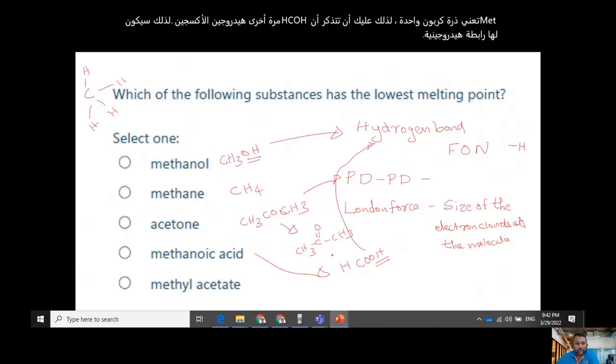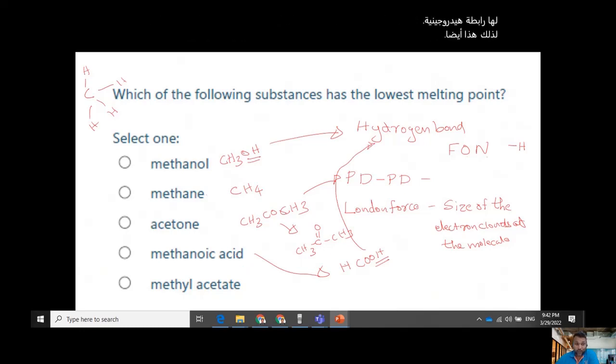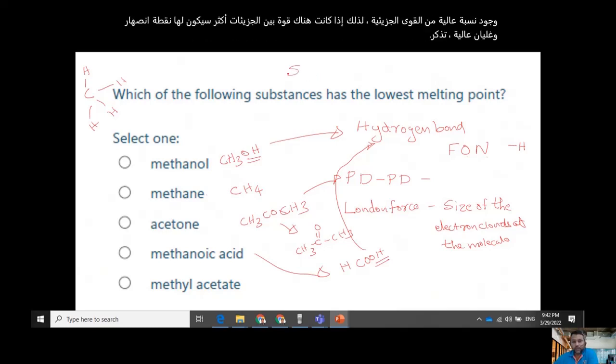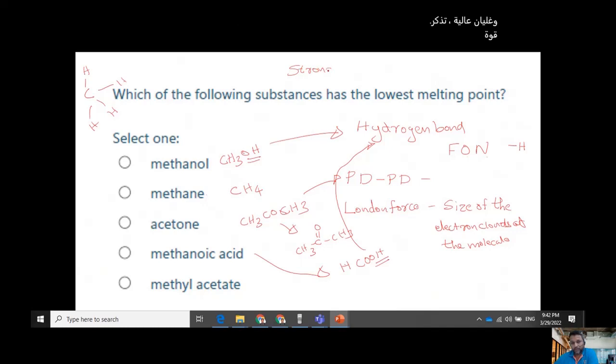So this also has high intermolecular forces. Remember, stronger intermolecular force means high melting and boiling point.